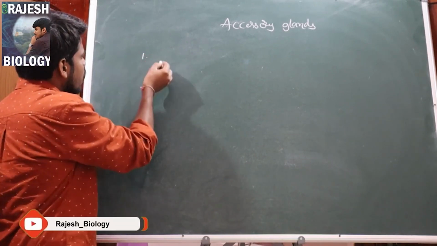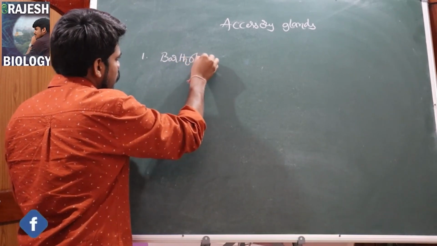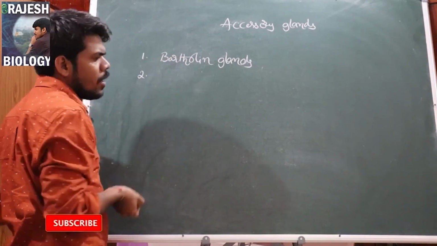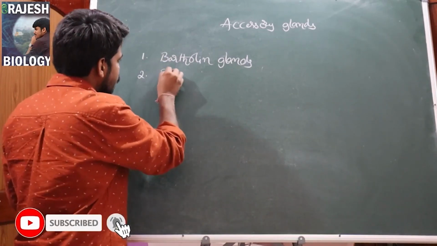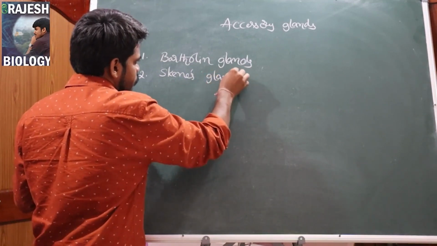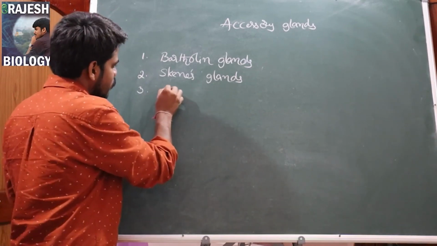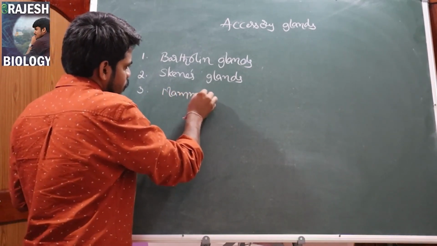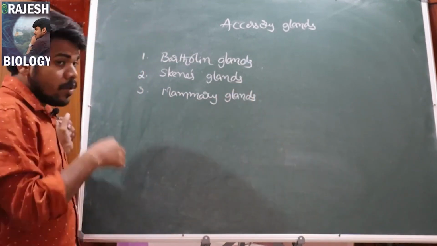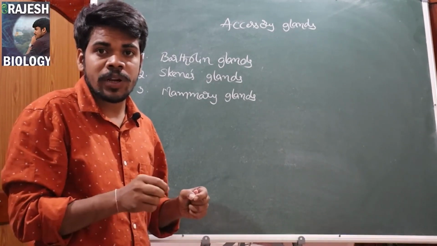They are a pair of Bartholin glands, a pair of Skene glands, and a pair of mammary glands. So there are three pairs of accessory glands present in the female reproductive system.